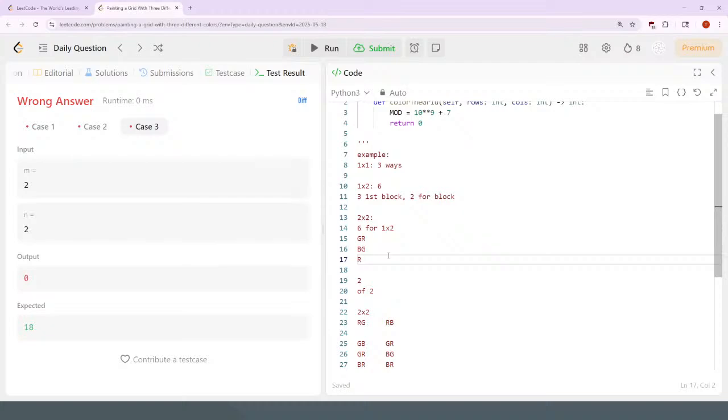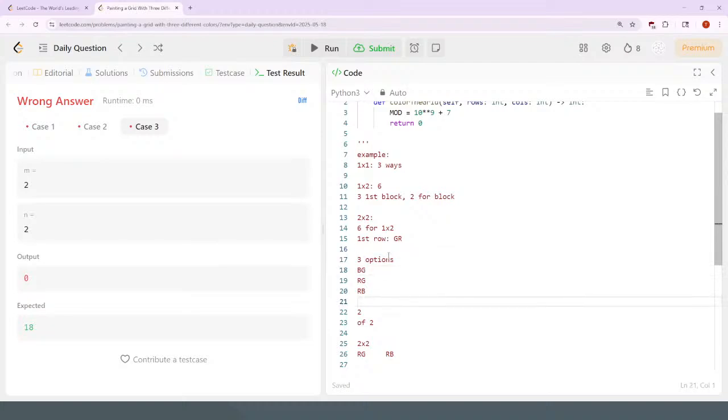But then if you have a red underneath the green, then there's 2 options. The red can do green or the red can do blue. So overall, if this is the first row, then these are the 3 options. Okay. Is this generalizable?